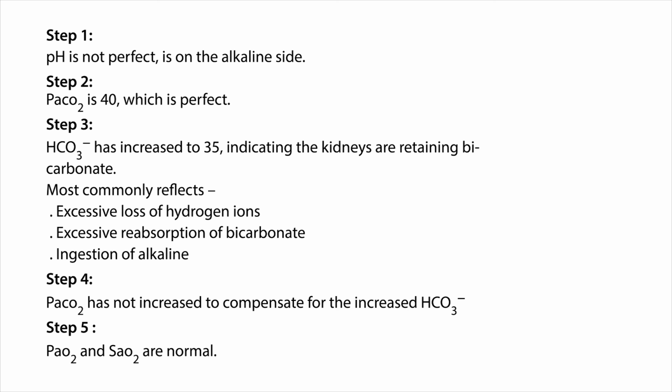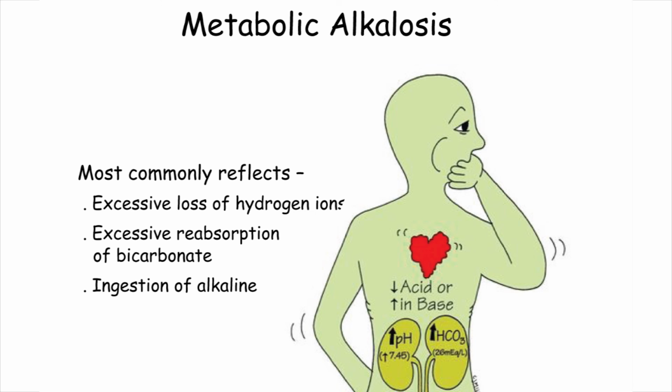Step 3, bicarbonate has increased to 35, indicating the kidneys are retaining bicarbonate. Most commonly, it reflects excessive loss of hydrogen ions, loss of gastric acid from vomiting or gastric suctioning or diuretic therapy. Excessive reabsorption of bicarbonate, when it happens post-hypercapnic alkalosis, which occurs when chronic carbon dioxide retention is corrected rapidly.